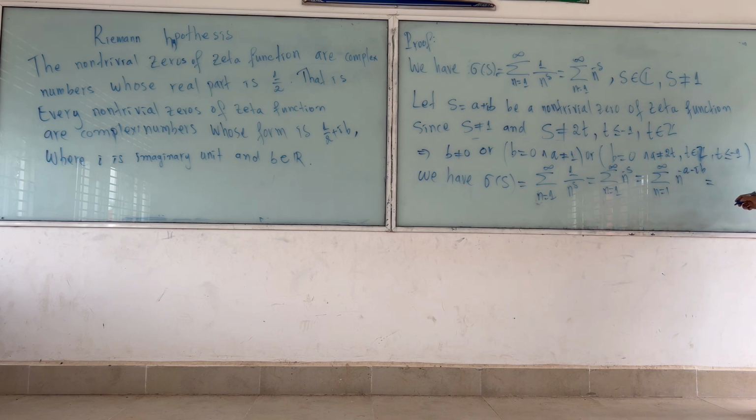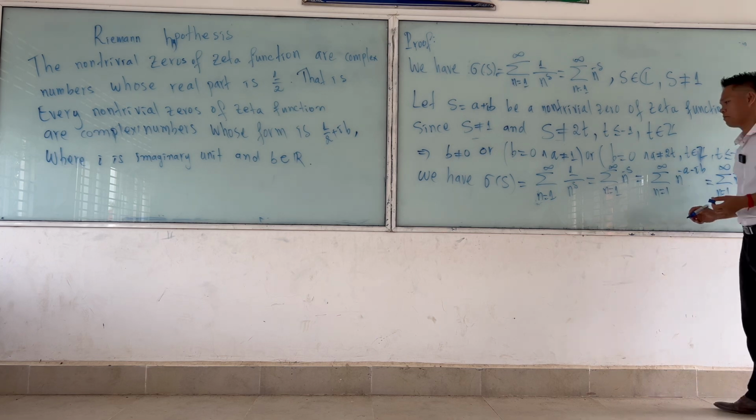And this one I use the exponential law, so you get equal to the sigma n from 1 to plus infinity, and then n power minus a multiplied by n power minus ib, yeah, this one.